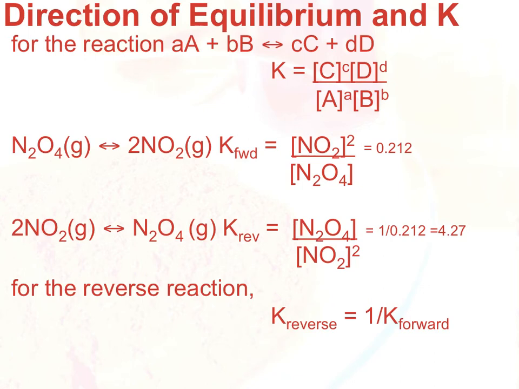If I want to know the equilibrium constant for the reverse reaction, all I do is take the equilibrium constant of the forward reaction and take the inverse of it. This can save you lots of time and effort if you just keep this in mind.